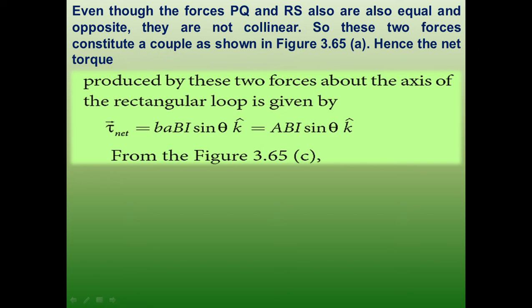Hence the net torque produced by these two forces about the axis of the rectangular loop is given by tau net vector equal to b a B I sin theta k cap. Already we obtained this value from the torque equation, where AB is nothing but capital A, so A B I sin theta k cap.